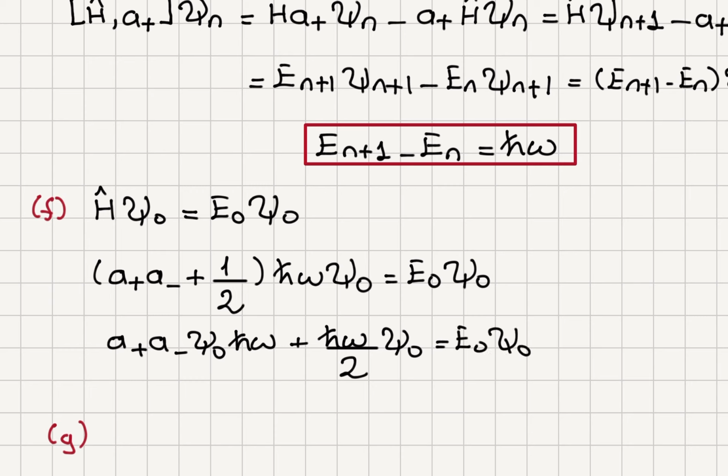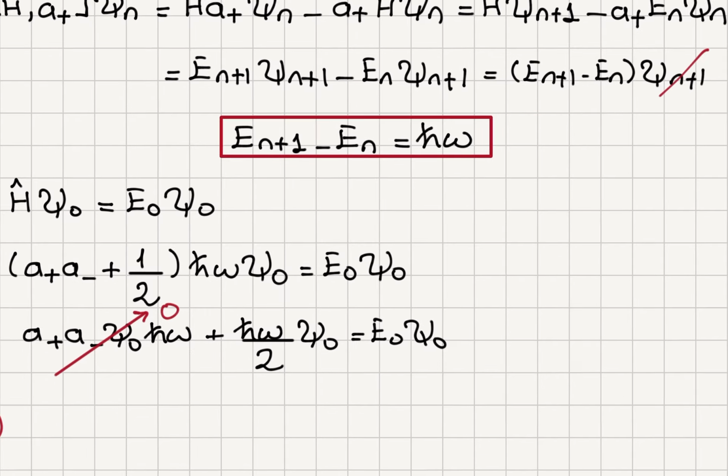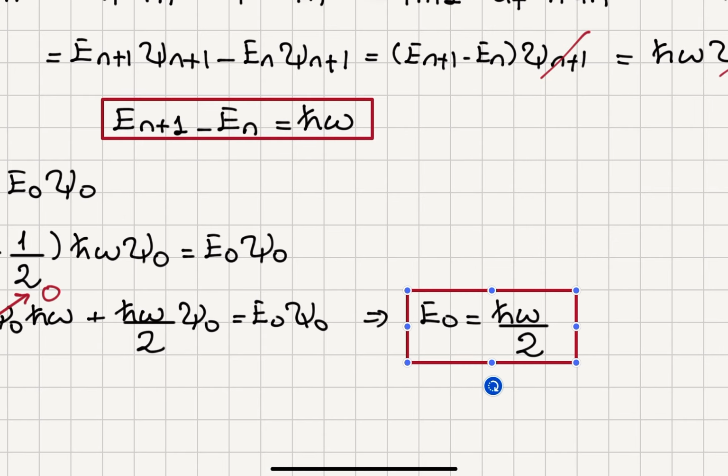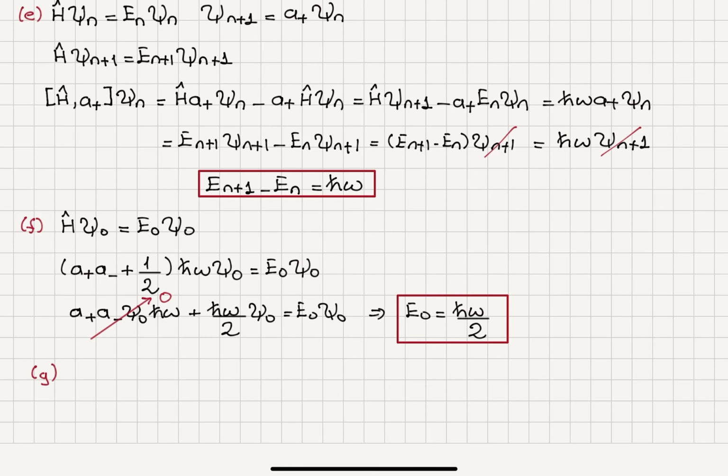If A minus applied to psi0 is 0, as suggested, then I will have E0 equal to h bar omega over 2. That's the ground state energy of the quantum mechanical harmonic oscillator.